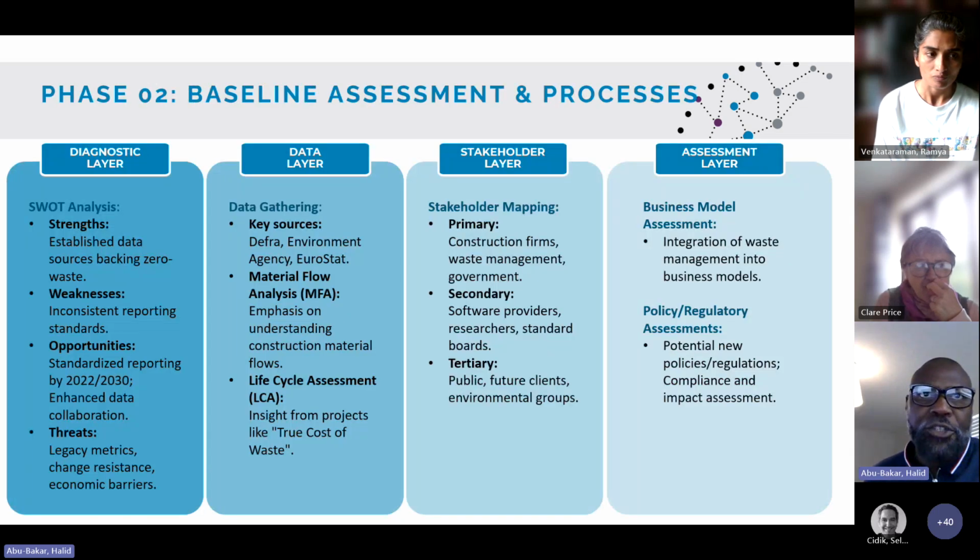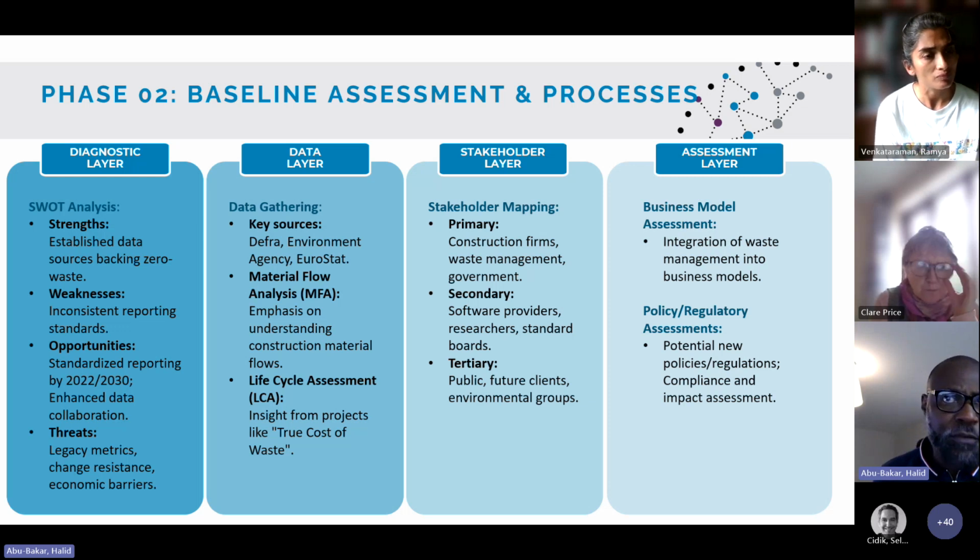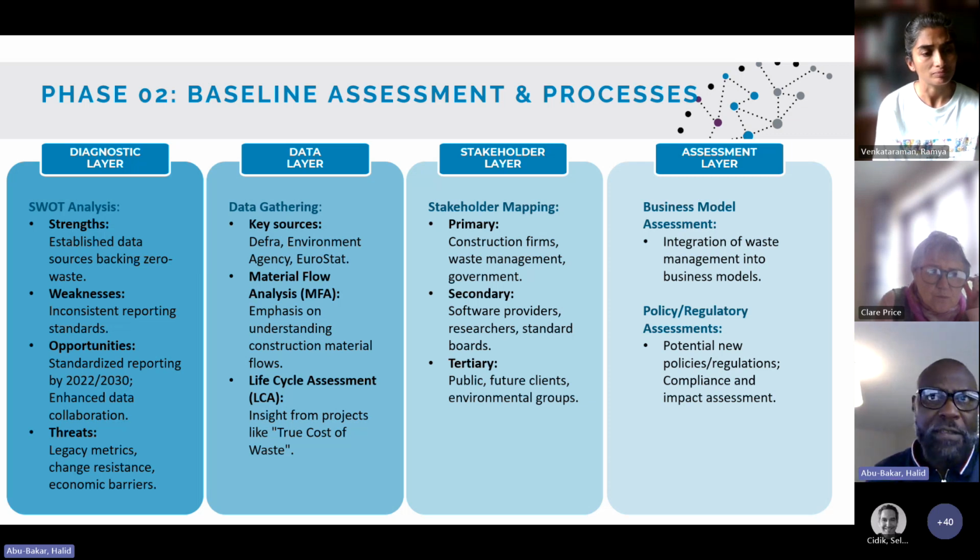The second phase essentially is what we call the baseline assessment. So there is a SWOT analysis, established organizations, data sources such as DEFRA, Environment Agency, and the rest of it. So that's the strength of it. There are weaknesses, which were highlighted as some of the gaps and inconsistencies in reporting standards across different project sizes.